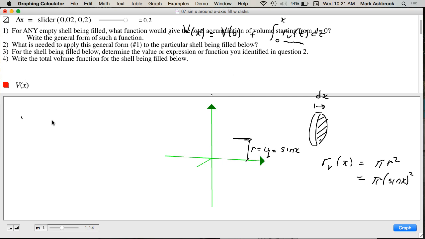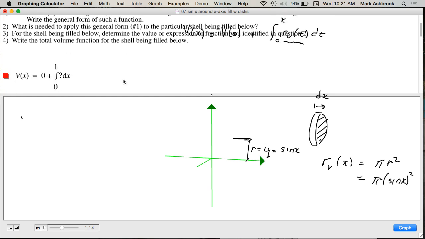Not shift 9 for parentheses, but control 9 for function, equals, and we want v of 0. What is v of 0? 0, because at 0 there's nothing in the shell filled up yet. So it's going to be 0. I can write that. We don't need to, but just so we're consistent with a total accumulation function. 0 plus integral; Control Shift I gives you the integral.